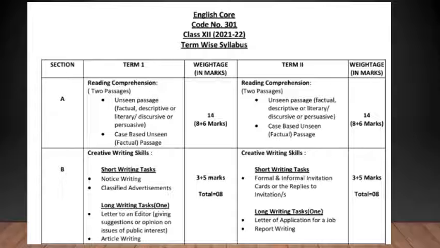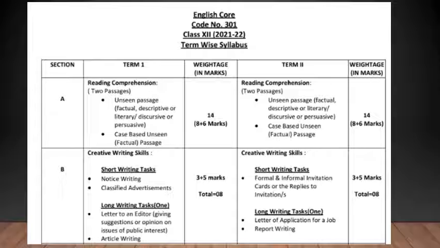In the reading comprehension, there are going to be 2 passages: an unseen passage, factual, descriptive, auditory, discursive or persuasive, and one more passage, a case-based unseen passage. These 2 passages will carry 14 marks. The first one will be for 8 marks and the second one for 6 marks. And remember, multiple choice questions are going to be asked on these passages.